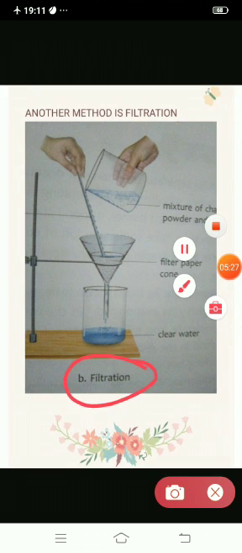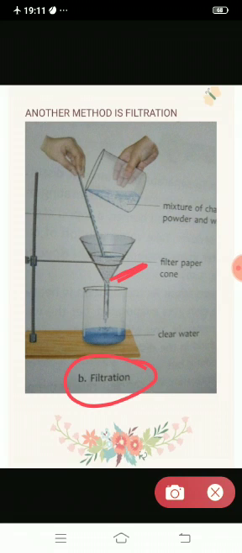Filtration is the process in which we take a filter paper and adjust it in the funnel. The liquid that we got after sedimentation and decantation may still have some particles in it, and we pour it through the filter paper.